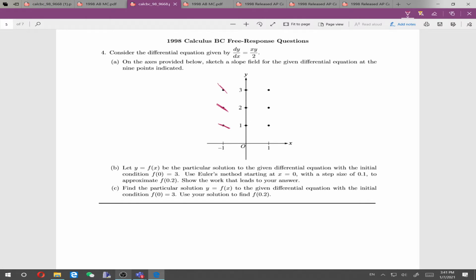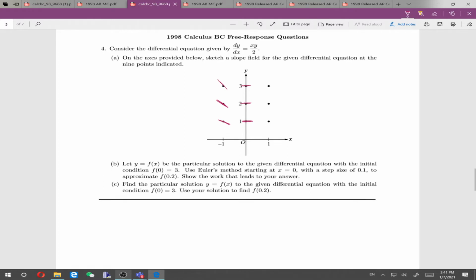All right, Eric, over to you. When x is 0, what's going to happen to our slopes? They will all be equal to 0. Okay, so that's horizontal lines for all 3 of these points. What about 1 and 3? Positive 3 over 2, so something like this.